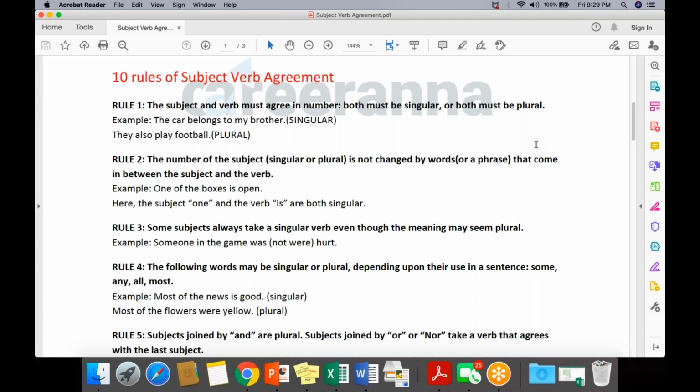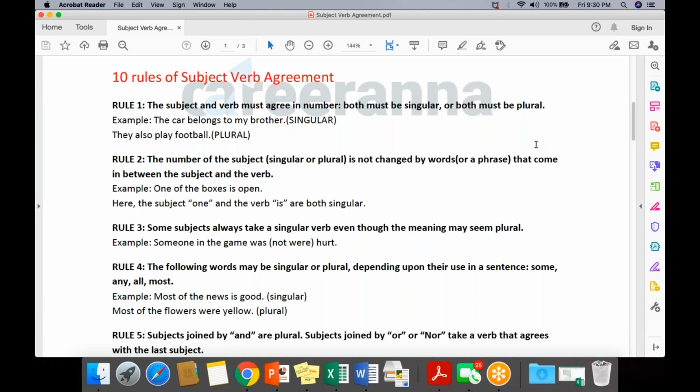Is it referring to one box or to boxes? I'm talking about one box. So if I'm talking about one box, my verb will be singular or plural? If it's one box, my verb is going to be singular.